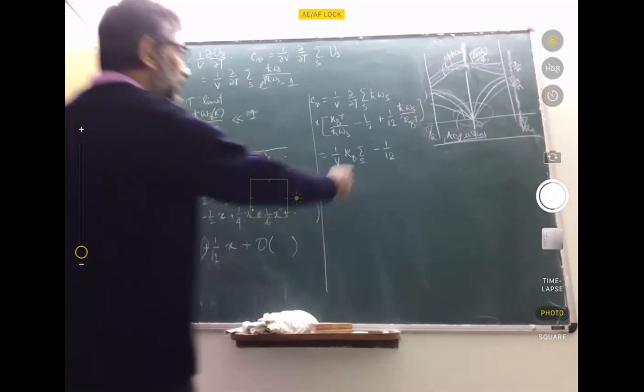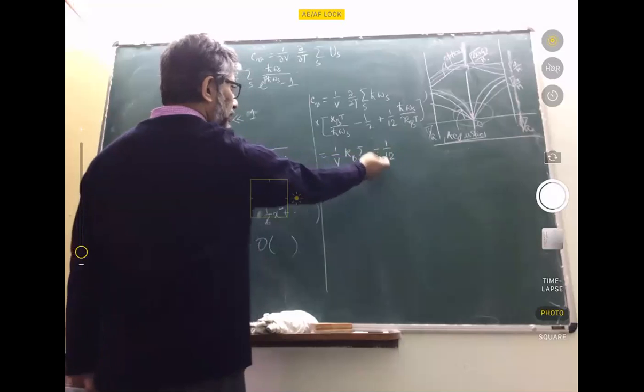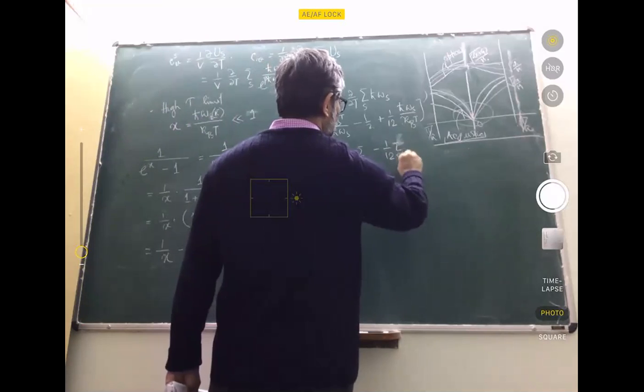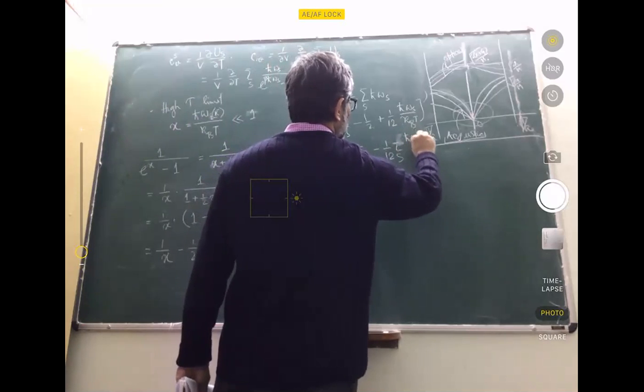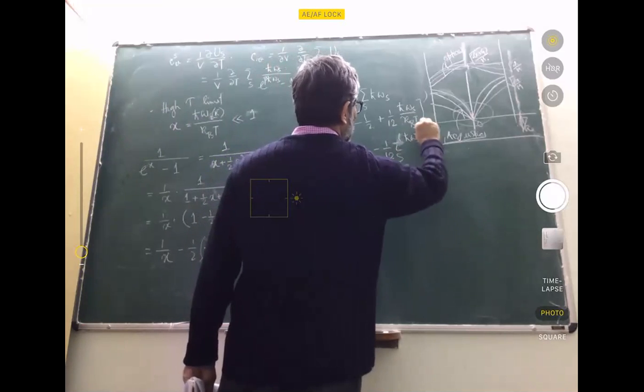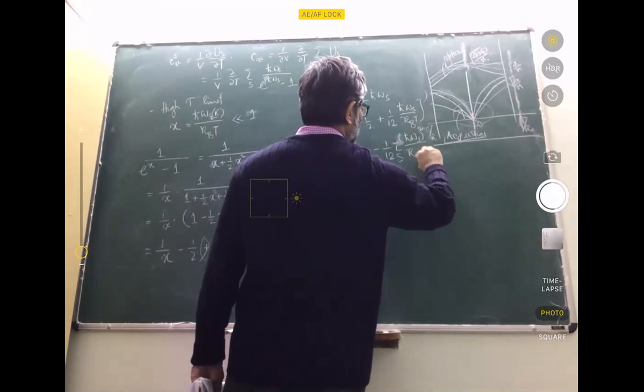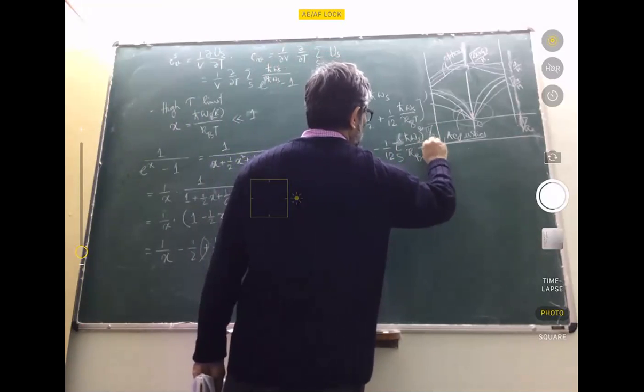And here, when you take the t derivative, you pick up a minus sign. So there is a sum over s. T squared.